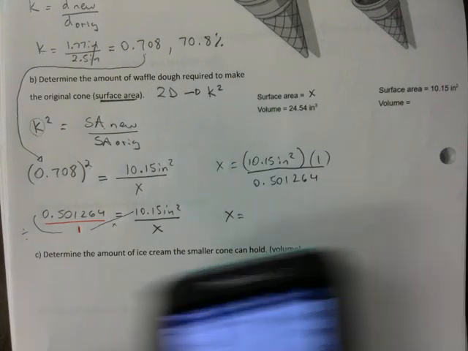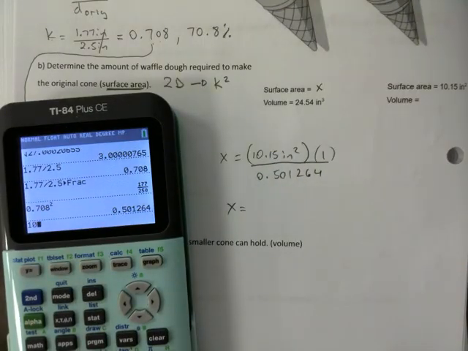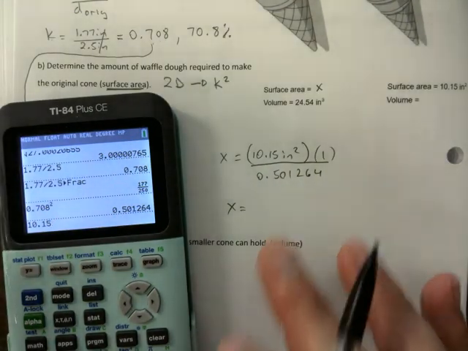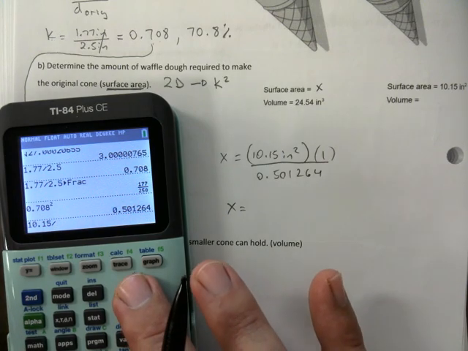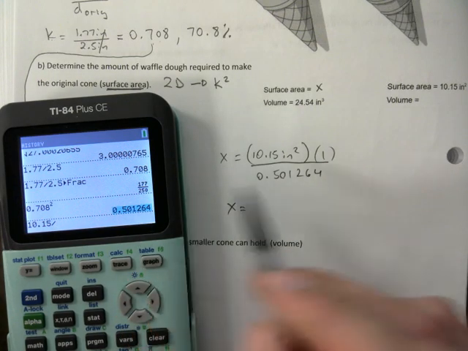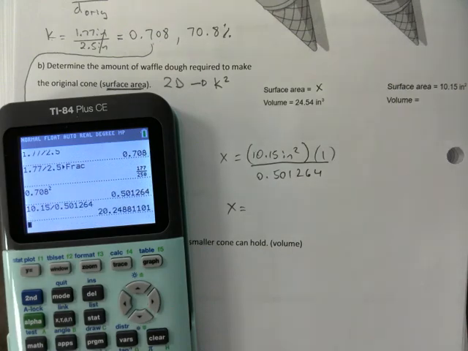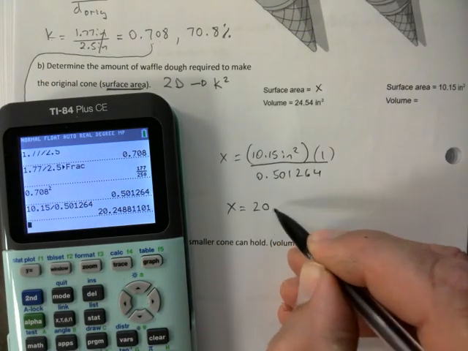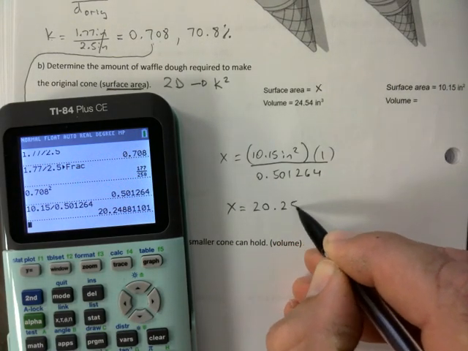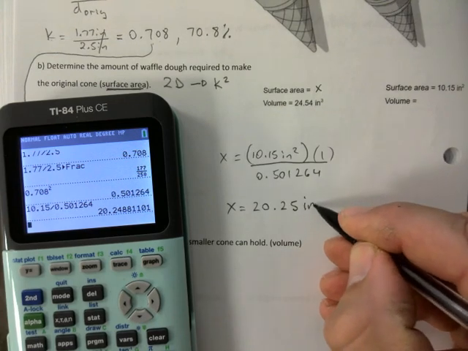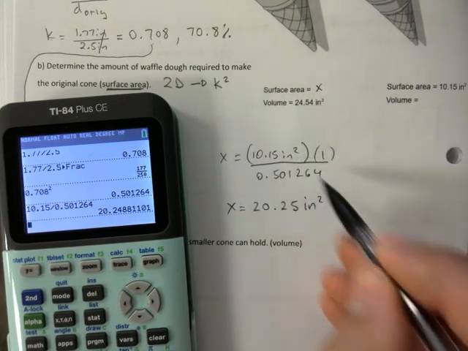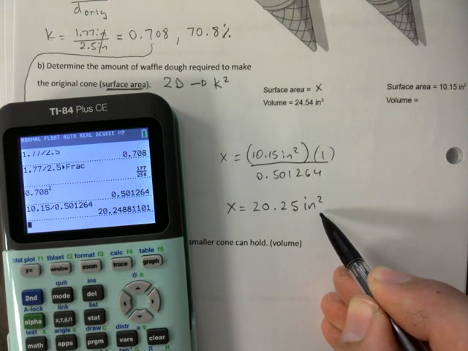So let's see how this works out. 10.15 times 1, not going to bother. I'm just going to divide it. Copy, paste, because I have that number on my calculator. And there it is. 20.25 squared inches. Because I have squared inches, my answer is going to be in squared inches.